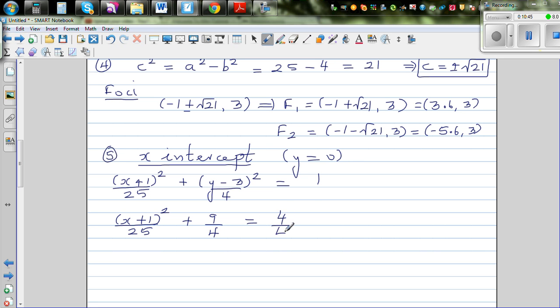So x plus 1 the whole squared over 25 equals, if you take away 9 over 4, minus 5 over 4. Now you have to stop and think. If you multiply 25 to both sides, x plus 1 the whole squared is equal to minus 125 over 4.